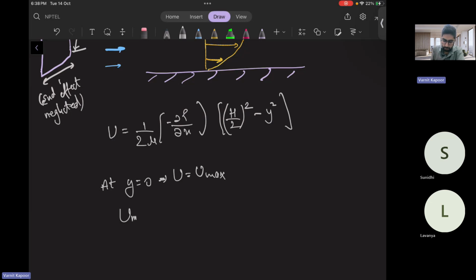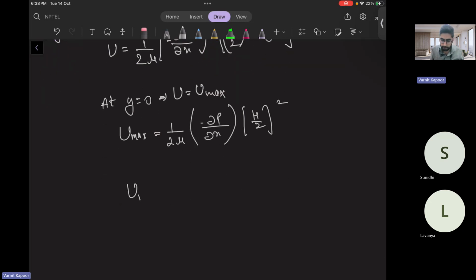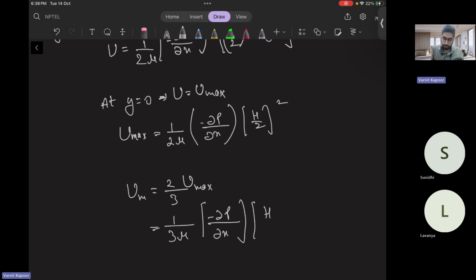So your u max will come out to be 1 by 2 mu, minus dou p by dou x, into (h by 2) whole square. This is the maximum velocity. And your mean velocity is nothing but 2 by 3 of u max. So the mean velocity will be 1 by 3 mu, minus dou p by dou x, into (h by 2) whole square.